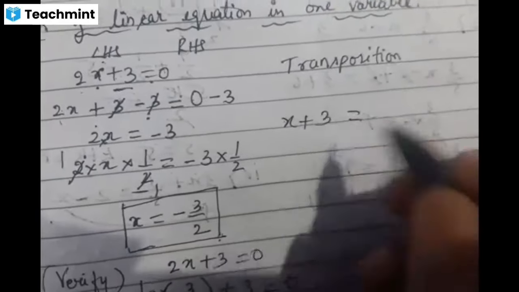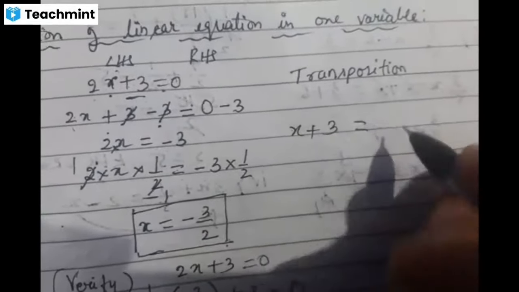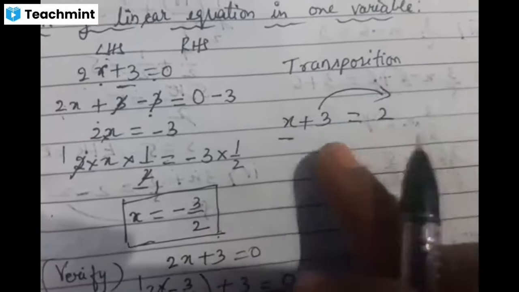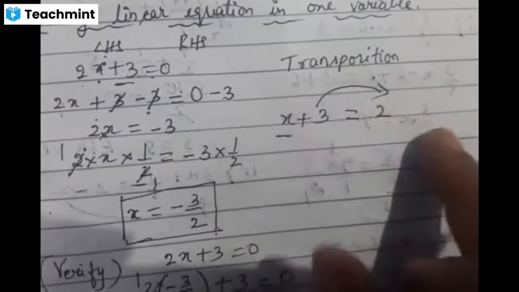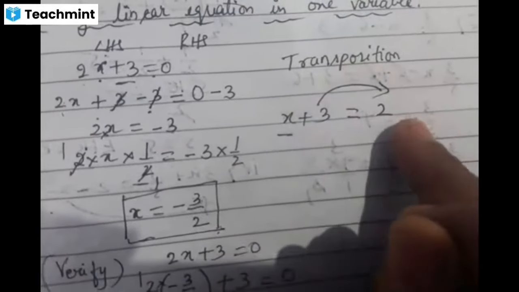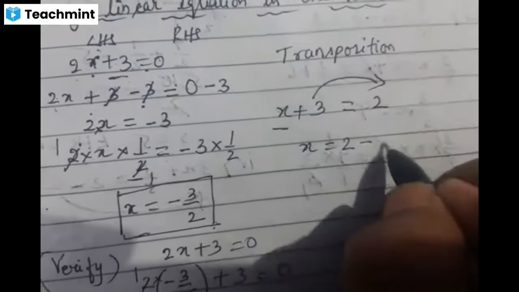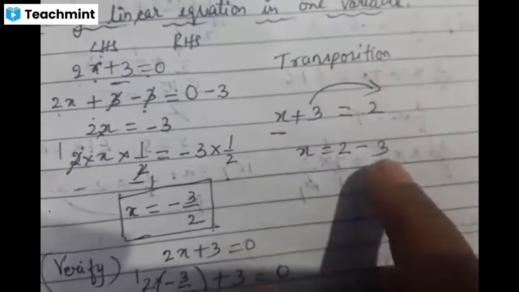If you have an equality sign in an equation, like x plus 3 is equal to 2, to find the value of x, if I transfer, this is called transposition. Plus 3, if I transpose or transfer to the other side, it becomes 2 minus 3. So plus 3 will become minus 3.